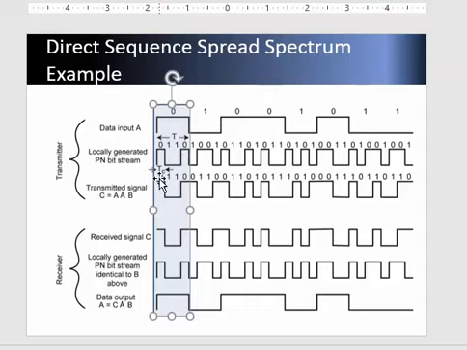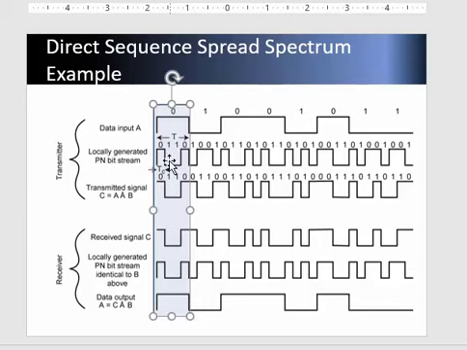Then we have exclusive OR over those. 0 exclusive OR 0 means 0. 0 exclusive OR 1 means 1. 0 exclusive OR 1 is 1. 0 exclusive OR 0 is 0. So we have 0, 1, 1, 0. This is the spread spectrum.